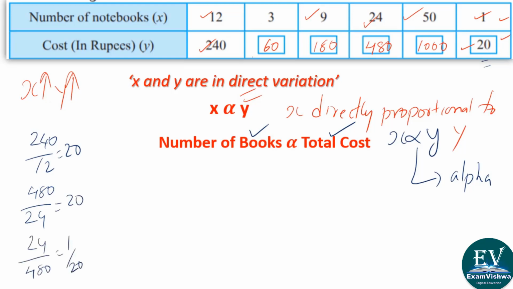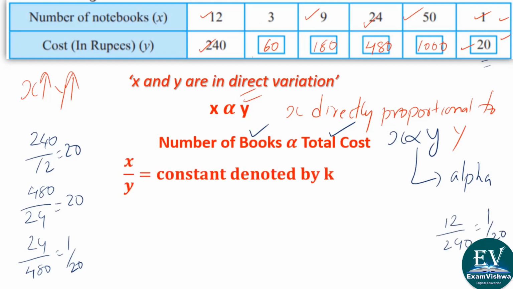Even in this case, if you divide 12 by 240, you will get 1 upon 20. So this tells us that when we divide x by y, we get a constant, which is denoted by k. That means we can write that x upon y is k, a constant.